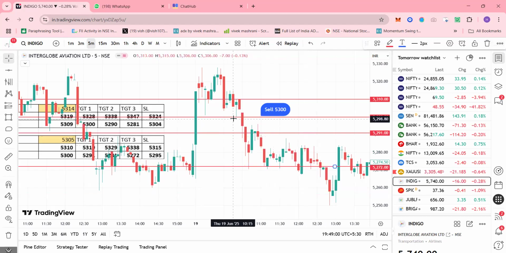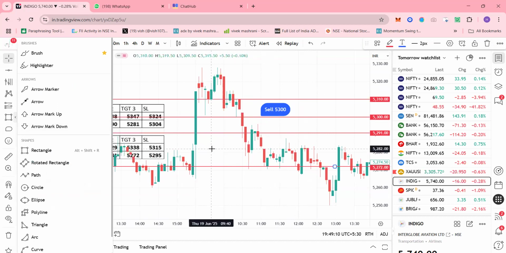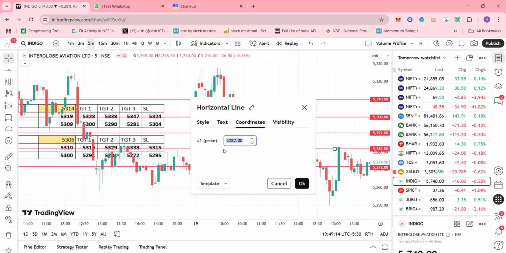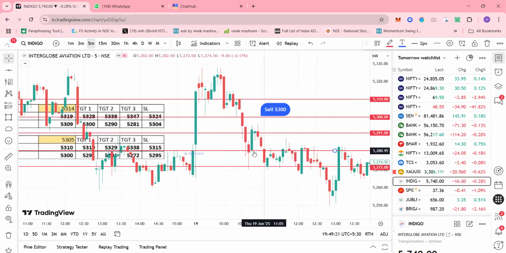See? Beautiful, right? Whatever stop loss got hit here, whatever loss you made here, you would have recovered in this movement. 5281. See how well the level is respected. 5300, correct?